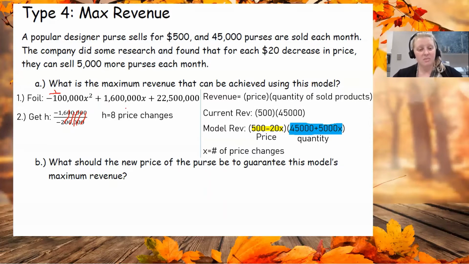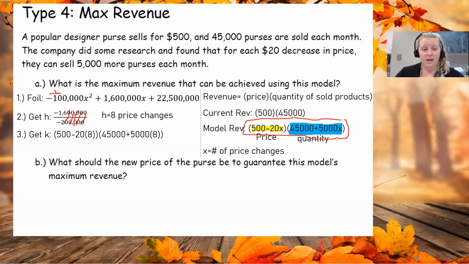Those are some really, really big numbers to type in the calculator, and if you mistype a 0, you'll probably get it wrong. So I recommend that you use this formula right here. They're both the same. If I FOIL this out, I get the one over there, but this is a little bit easier and less frightening to work with. So I'll be using that formula.